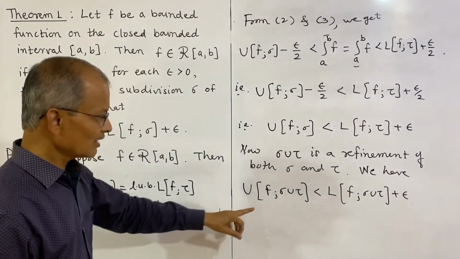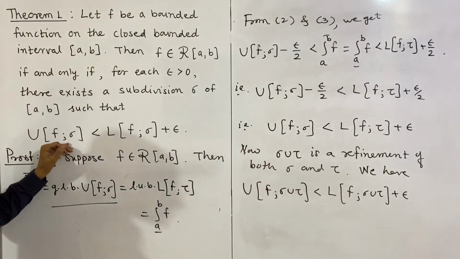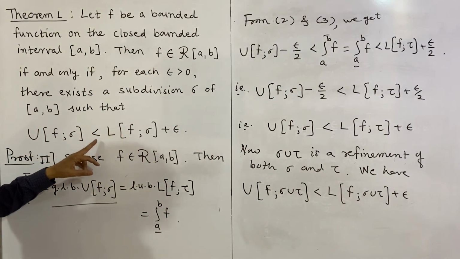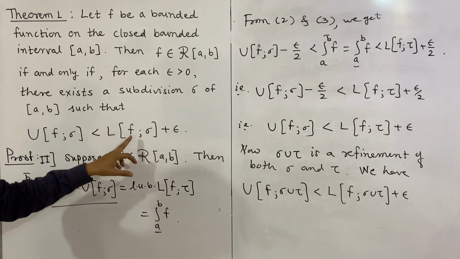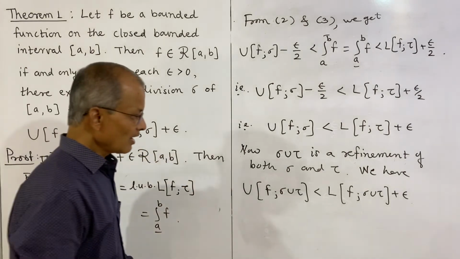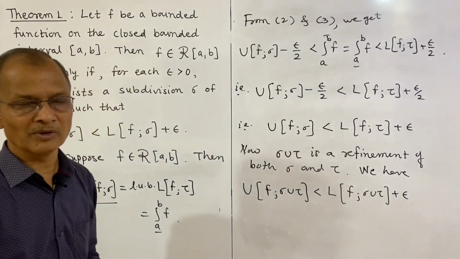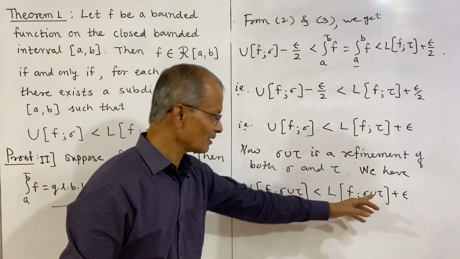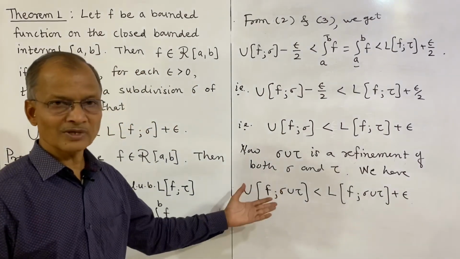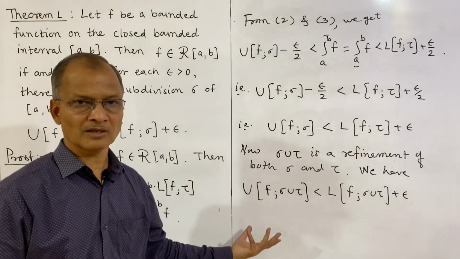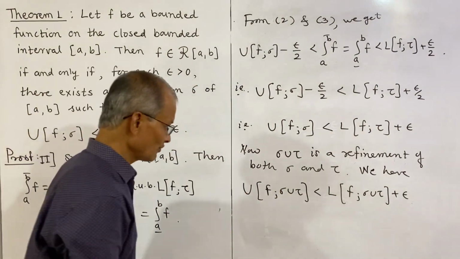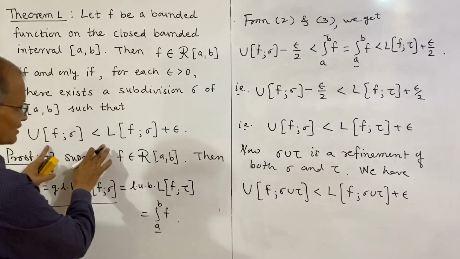Now the result is of this type: upper sum of f on sigma is strictly less than lower sum of f on sigma plus epsilon. In place of sigma, here is sigma union tau, that is a subdivision, and otherwise we can rename this as sigma itself. So we can rename this to get the exact result.